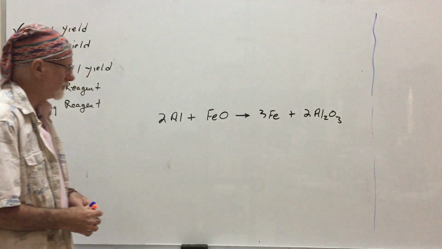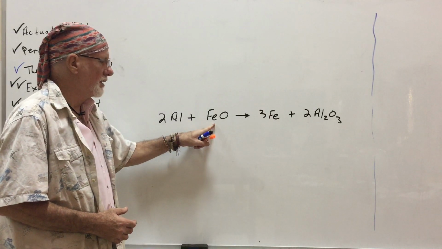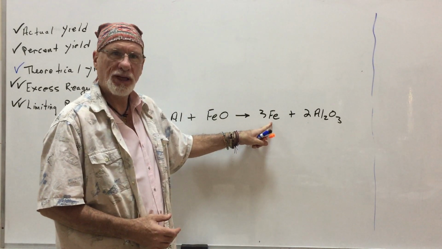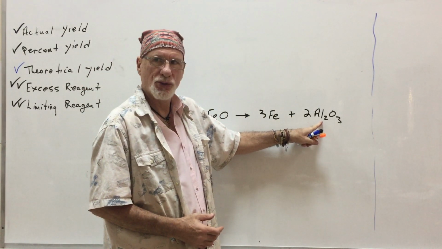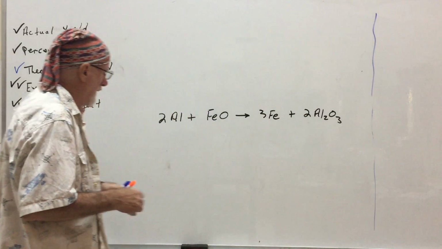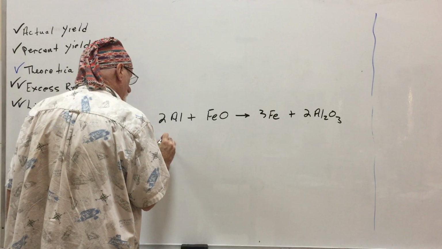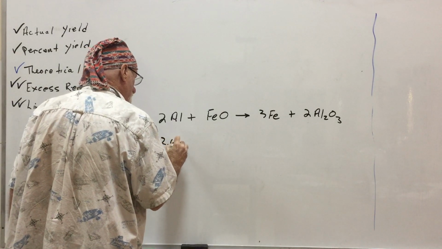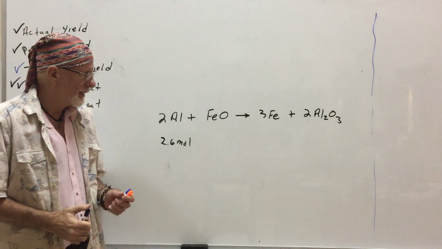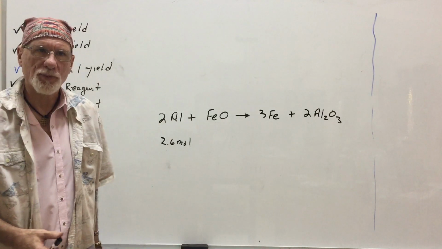Okay, now. It says 2 aluminums, 1 iron oxide yields 3 irons and 2 aluminum oxides. Now, this is the question. If I said that this was 2.6 moles of that chemical, how many moles of everything else would I need or produce?